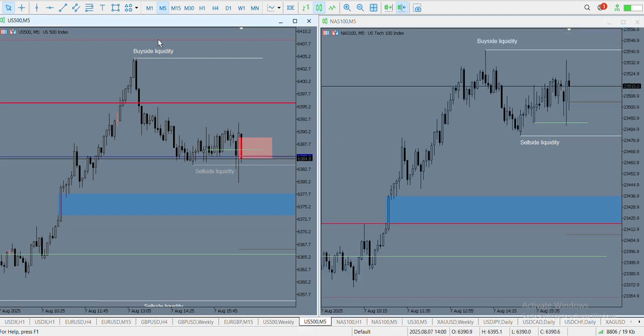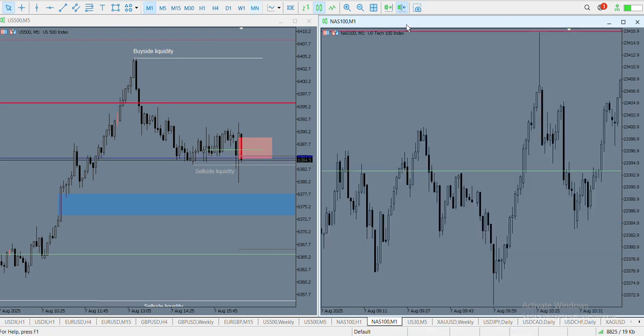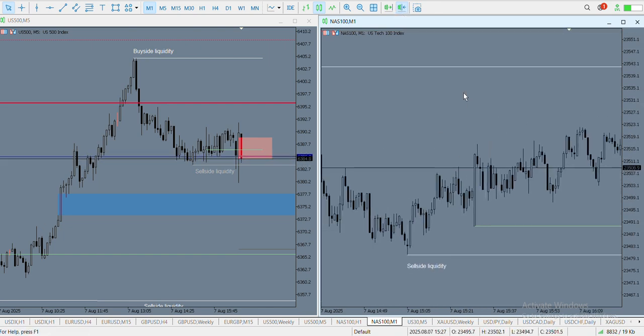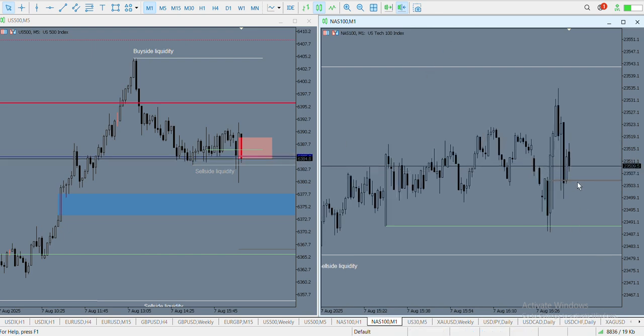Otherwise, price is really trading inside this range. In NAS 100, I don't really think it has an interest to reach into this buy side or this sell side.